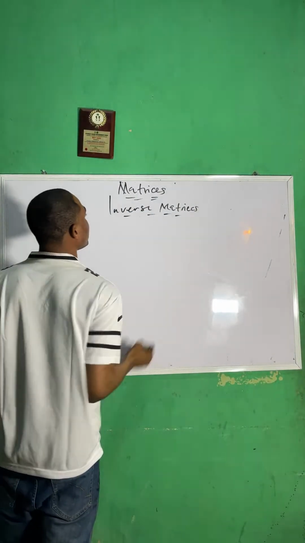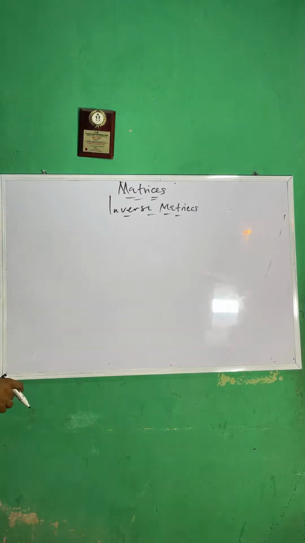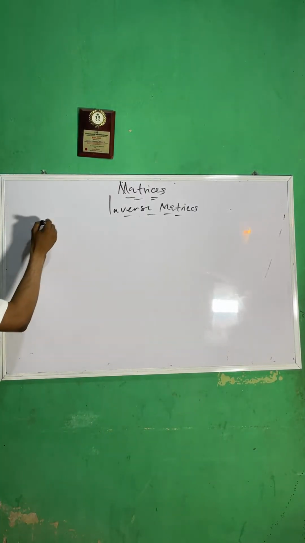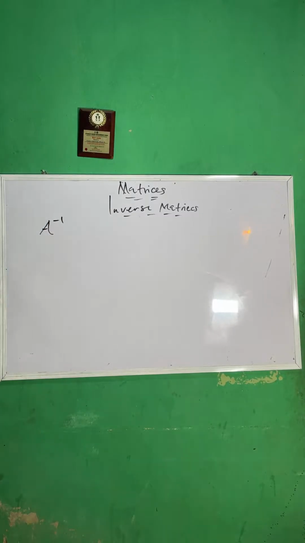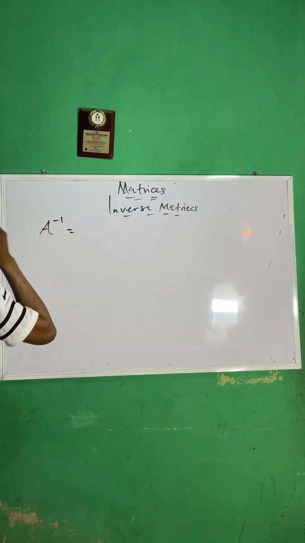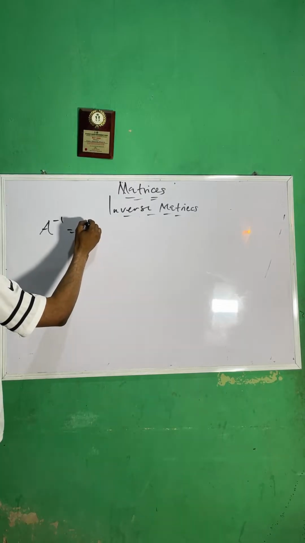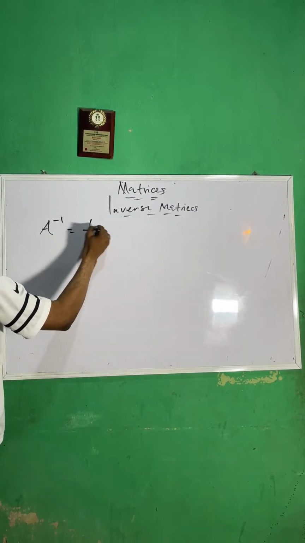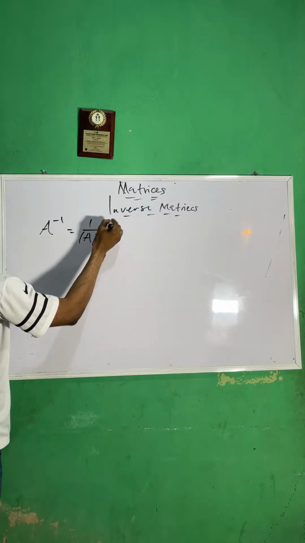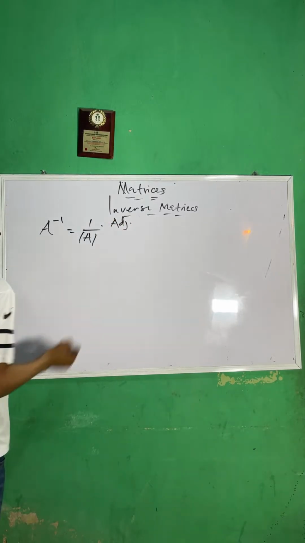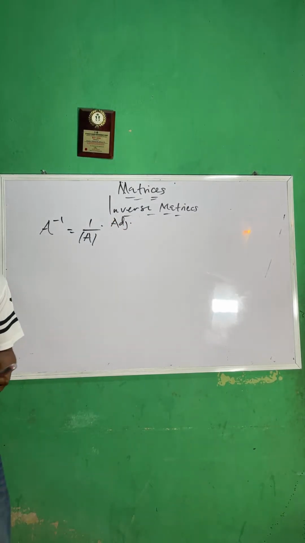The condition for inverse matrices is the sign is this inverse. That is the sign for inverse matrices. And the sign is now we are going to deal with 1 over determinant of A multiplied by the adjoints. That's the rule for inverse matrices.